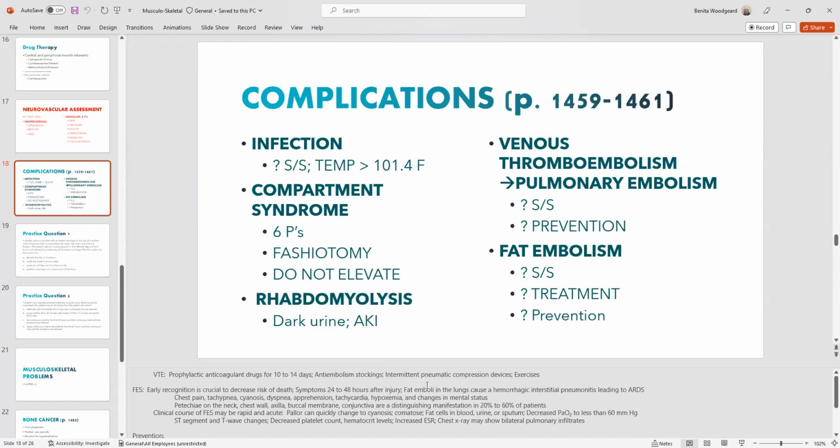You would have a low blood pressure, if any problem with the blood pressure at all. These are like shock kind of states. The big difference between pulmonary and fat embolism is that the fat embolisms can also have petechial rashes in the buccal or mucous membranes, eyes, neck, chest, axilla in that area.